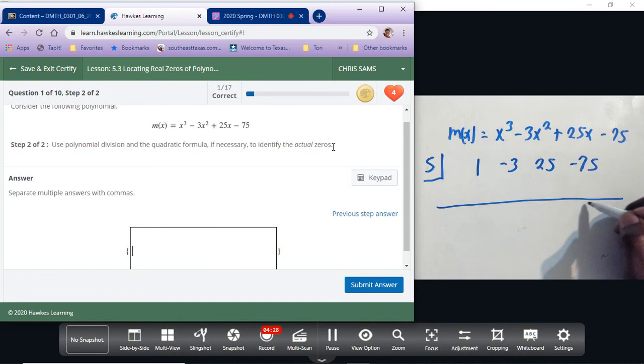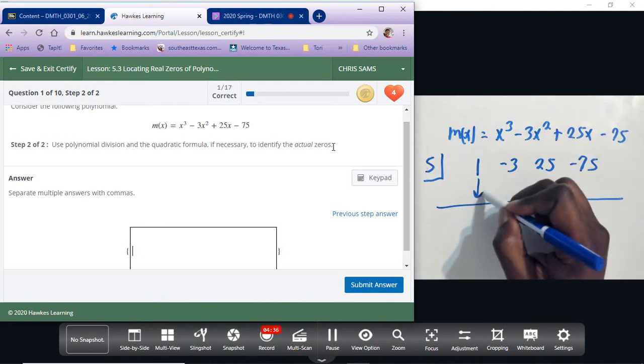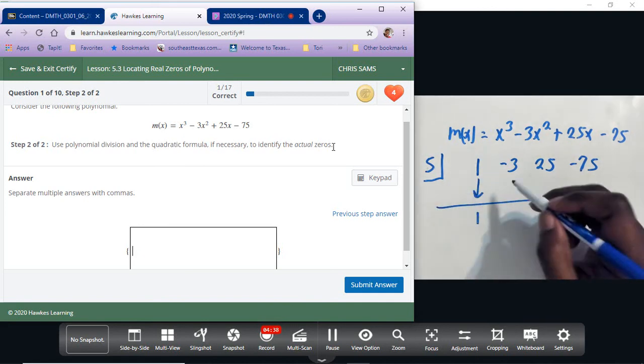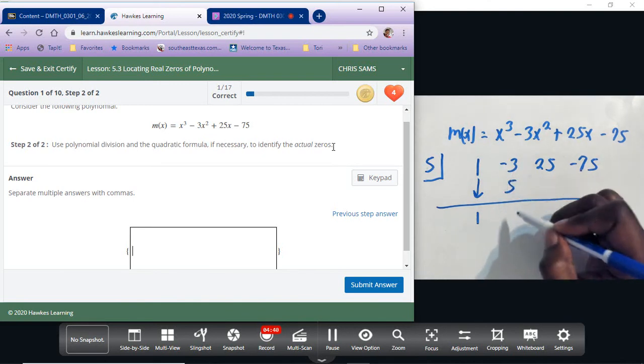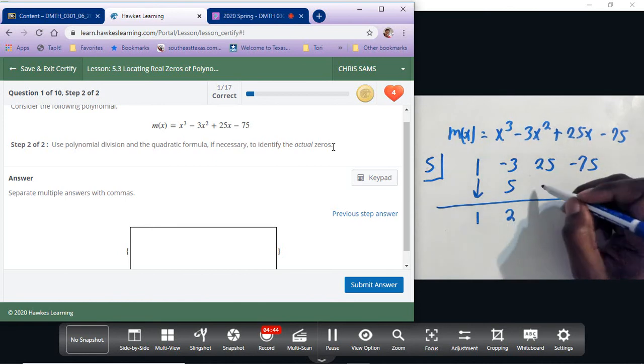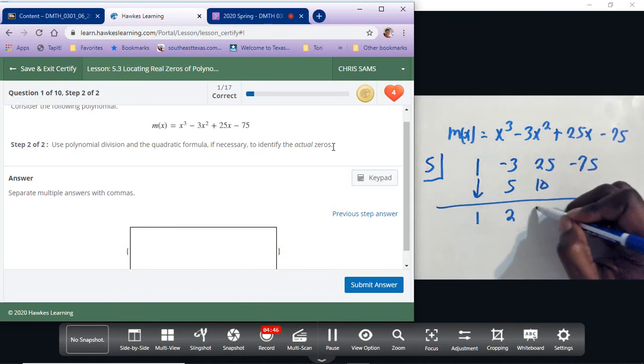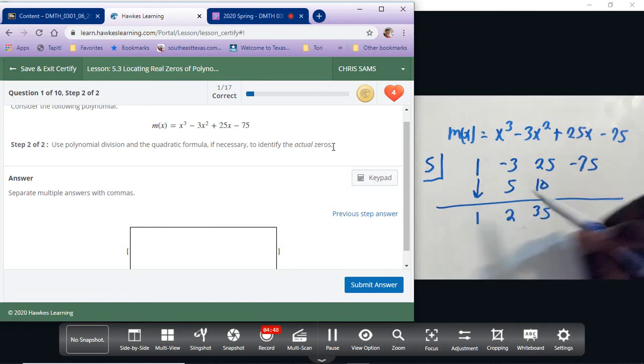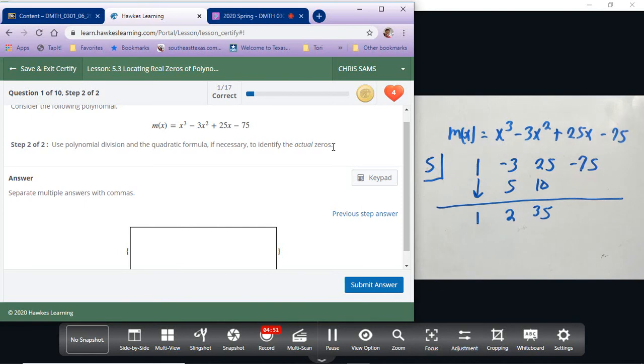What I want to do is get a 0 at the end, and if I get a 0, that means it divides normally. So this is 1, 5 times 1 is 5. Subtract, we get 2. 5 times 2 is 10. Add, we get 35, and I'm not going to get 0. So that doesn't work. I'll try one more just to see if we can get lucky.